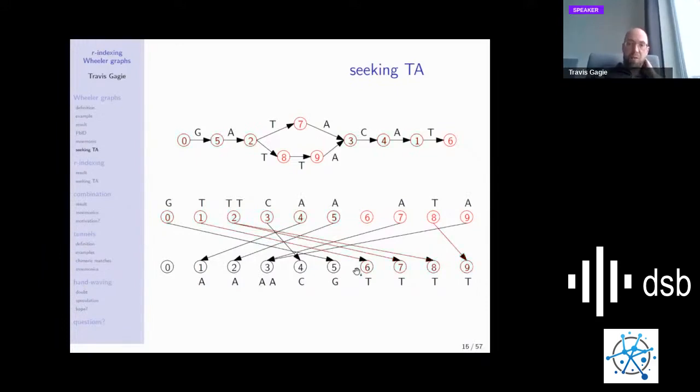And so these are the vertices that can be reached by edges labeled T. And then from there, where are the edges labeled A leaving this interval? Well, they go here. So the only vertex that can be reached by TA is 3. And it can actually be reached two ways, TA and TA.